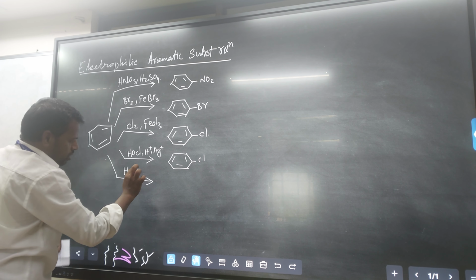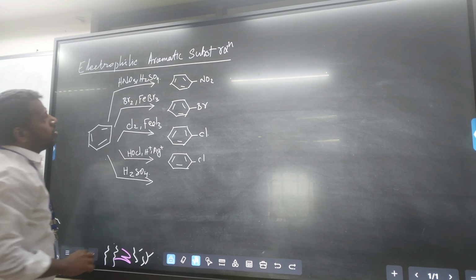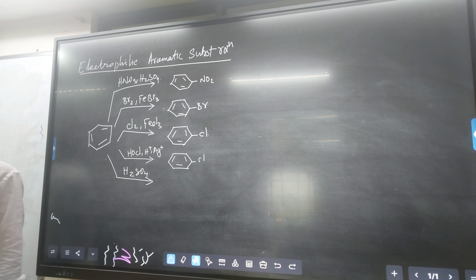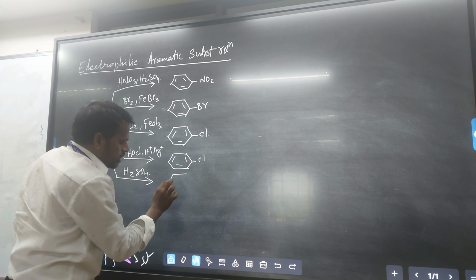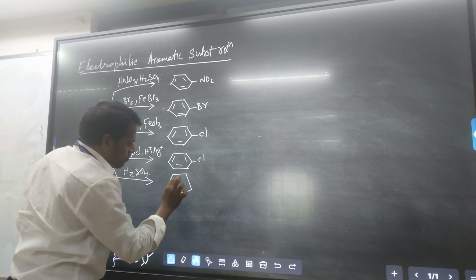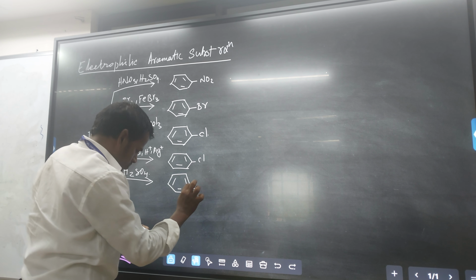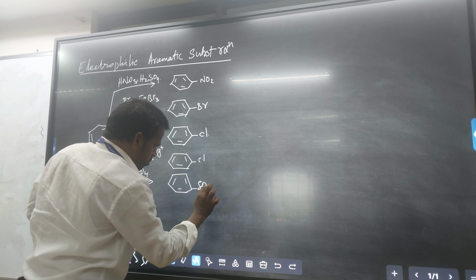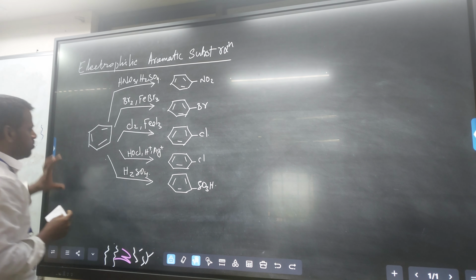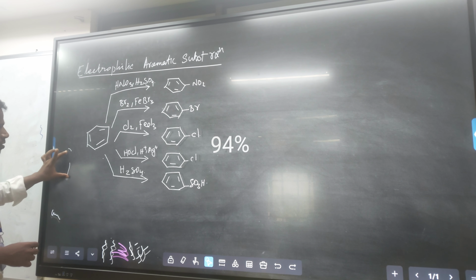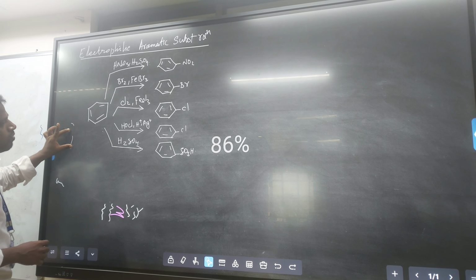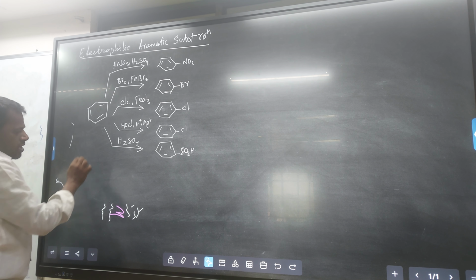This is called electrophilic aromatic substitution reaction. With H2SO4, that is the sulfonation reaction. SO3H.